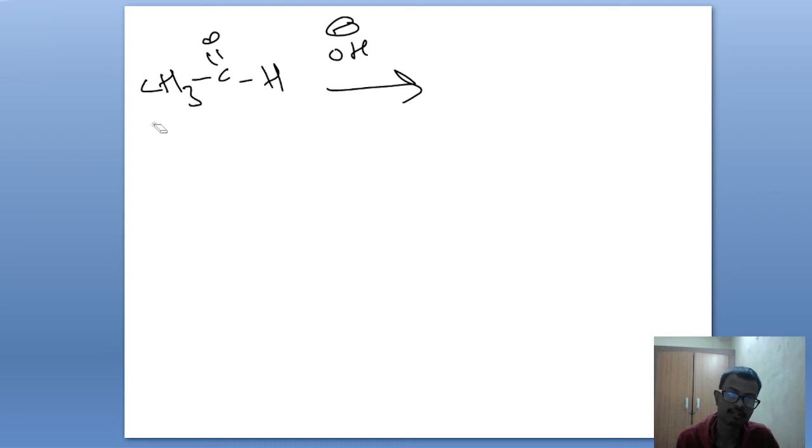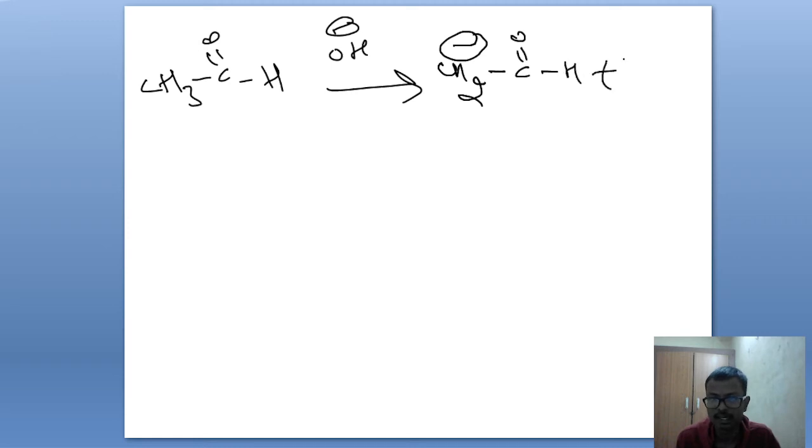Next to it we have the alpha carbon, and the hydrogens attached to alpha carbons are acidic in nature. So when a base and an acidic hydrogen react, then we will get water. One of the hydrogens here is abstracted by the OH minus ion, and it will form H2O. This is an acid base reaction: acid reacts with base to form water.